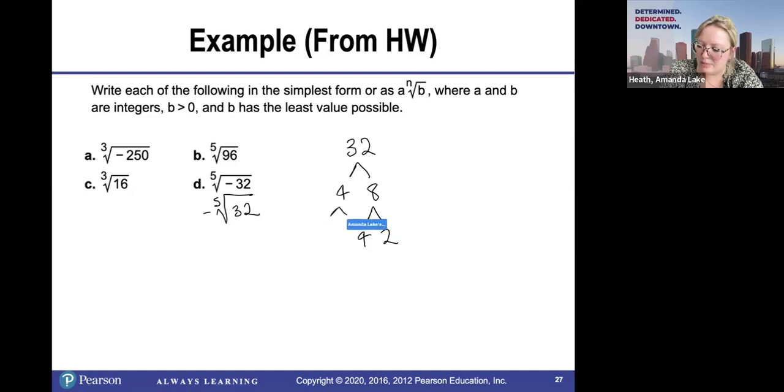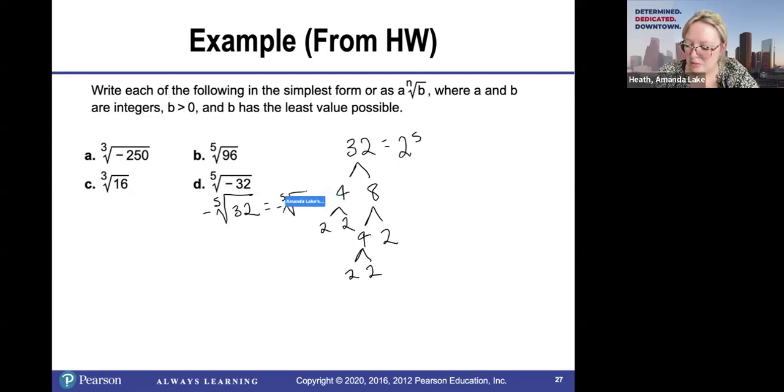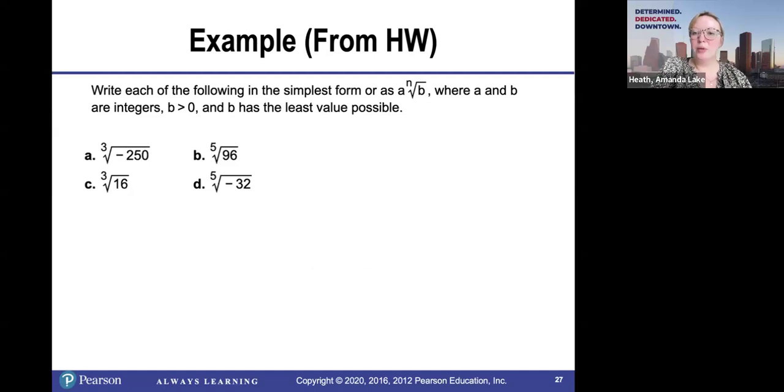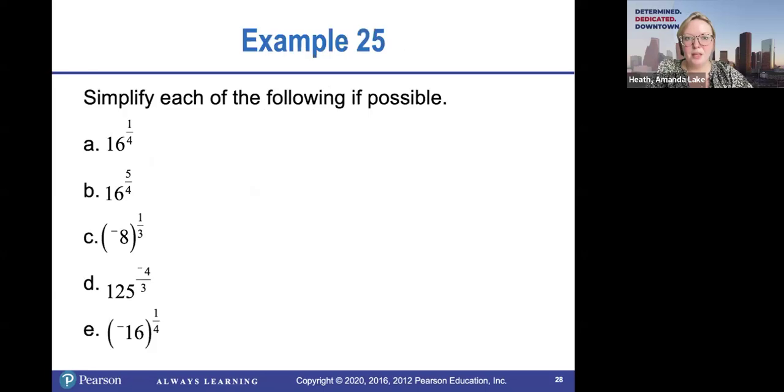And then 4 is 2 times 2 on both of these. So 32 is 2 to the 5th power. So negative the 5th root of 32 is negative the 5th root of 2 to the 5th, or just negative 2. Okay, so that's one of the things that you need to be able to do from this lesson.